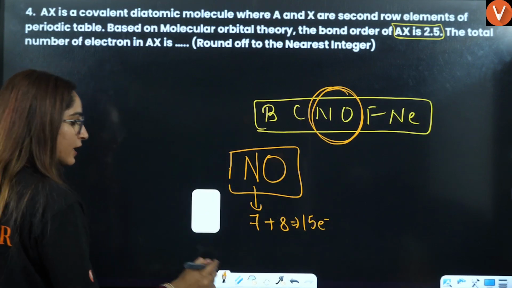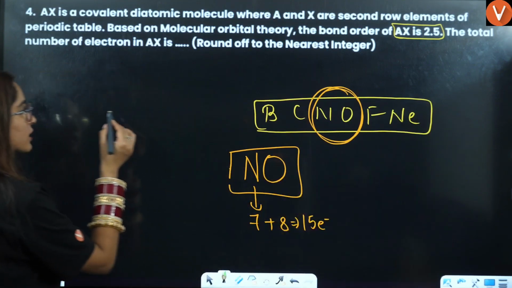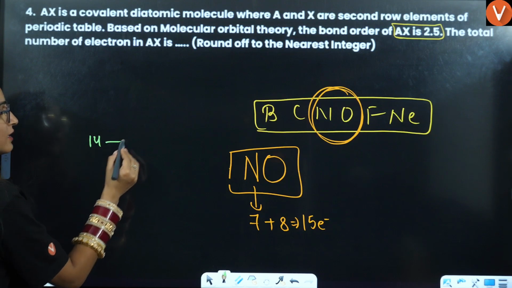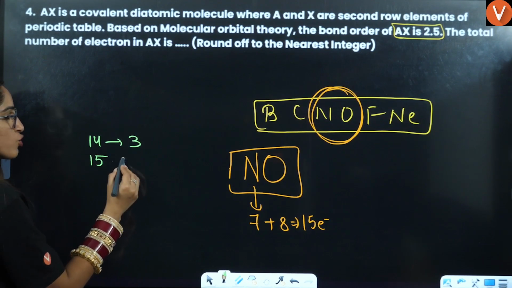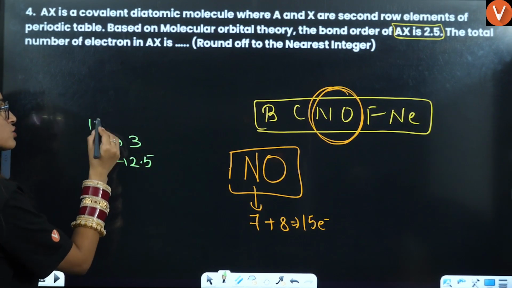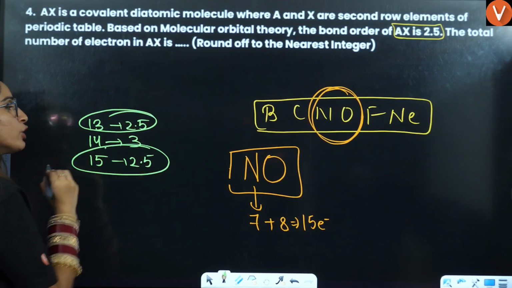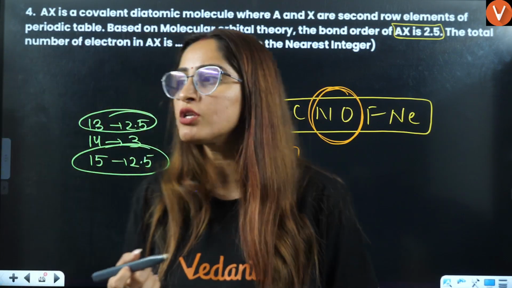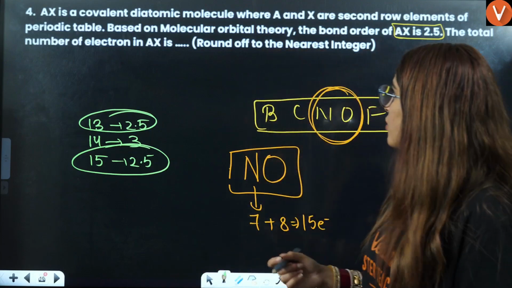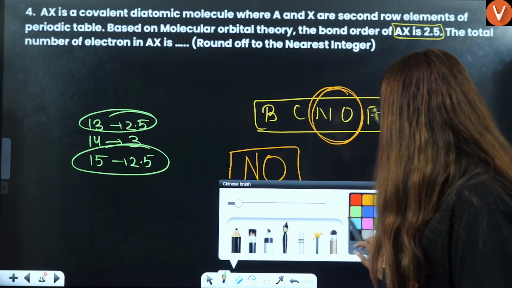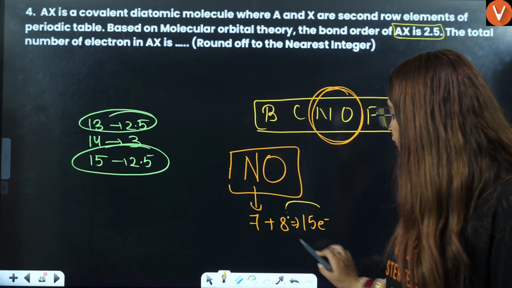If you talk about the trick for bond order, just directly solve this with the help of the trick. 14 electrons is 3, 15 is 2.5, and 13 is also 2.5. So for 2.5, you need to have either 13 electrons or 15 electrons, right? Now in NO, you have 15 electrons.